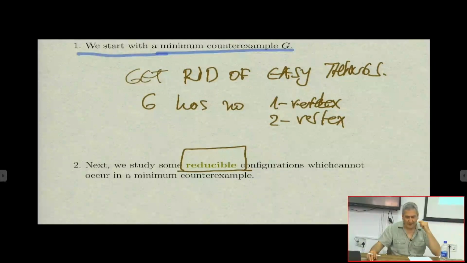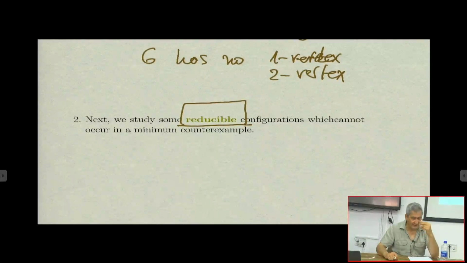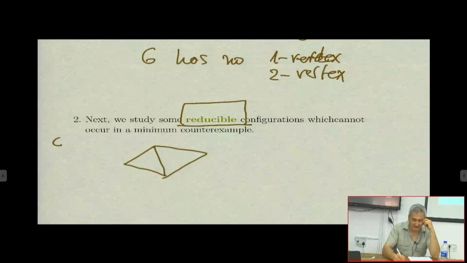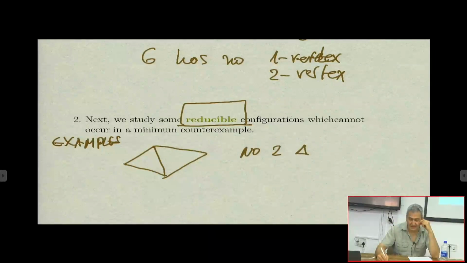Then you study some configurations, depending on your coloring. Okay, maybe we don't have 2 triangles adjacent. We don't have 2 triangles adjacent.